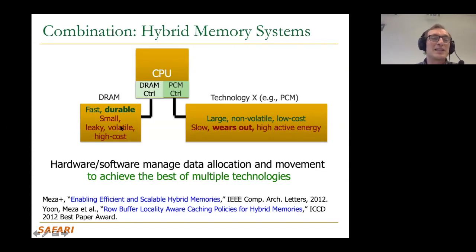Why not put multiple technologies into memory? And this is already happening on the computational side of the system. I don't want to call it necessarily a CPU, but the computational part. We have a lot of accelerators, for example, and for the same reason, we want higher efficiency. We want to get the best of different worlds, because clearly a general purpose CPU is not good for a commonly used video application.